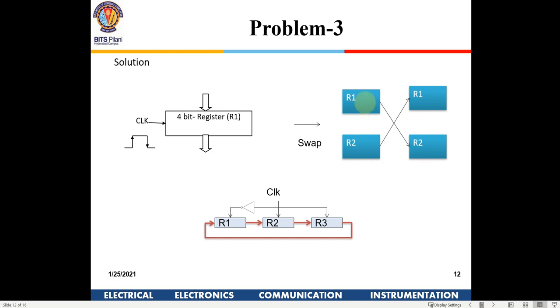You use a temporary register: move R1 to some other register, move R2 to R1, and so on. You will have to split it into maybe 3 commands. You cannot write a single command; it will require more than 1 clock cycle in microprocessor programming.